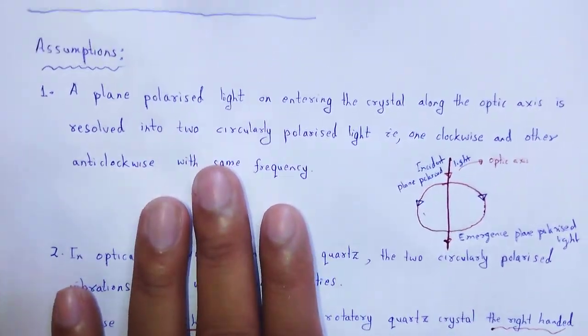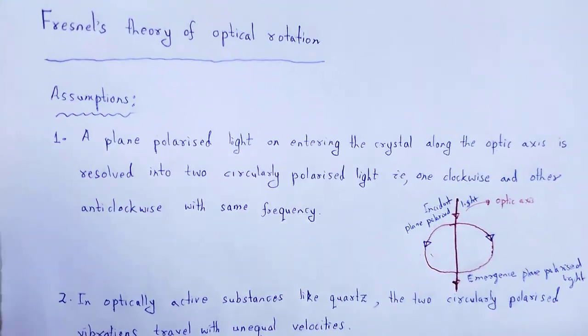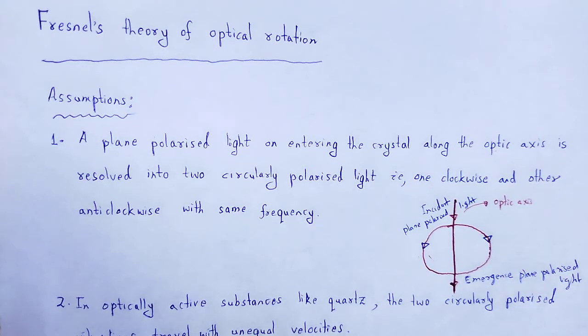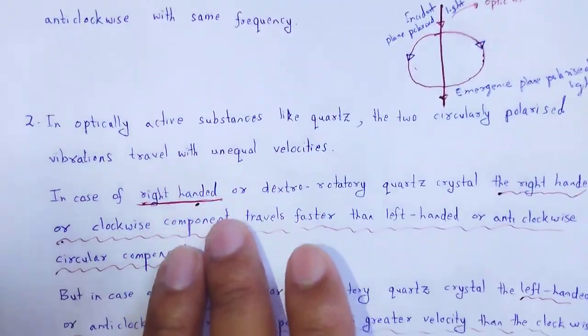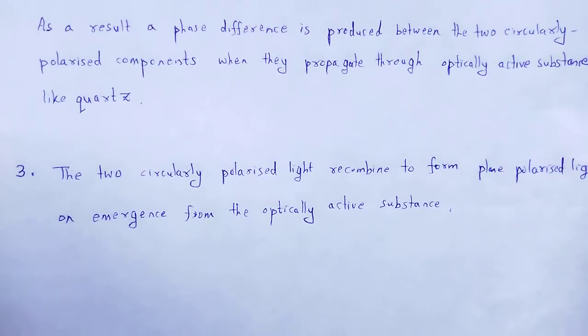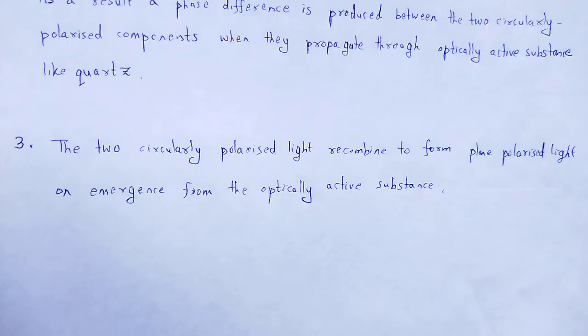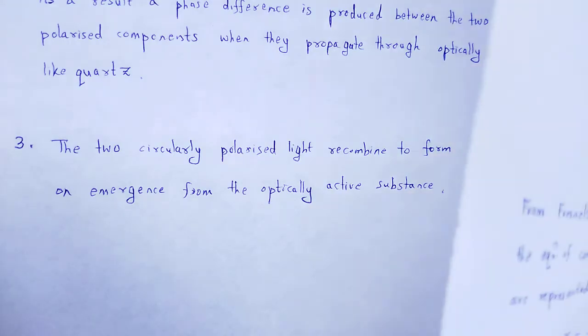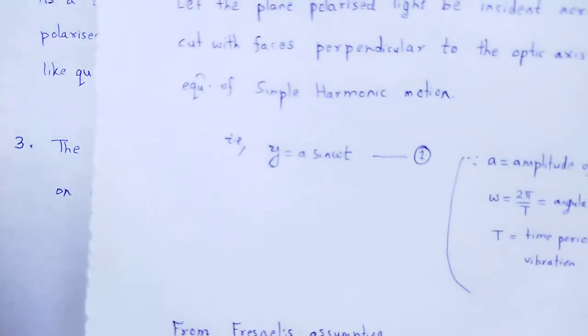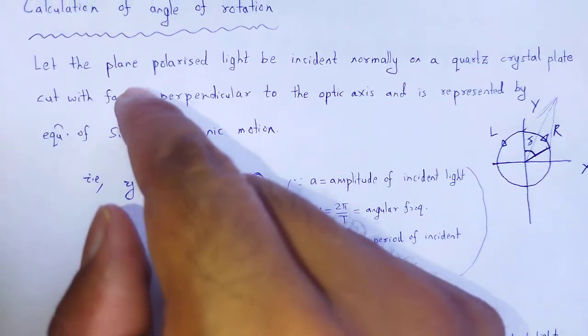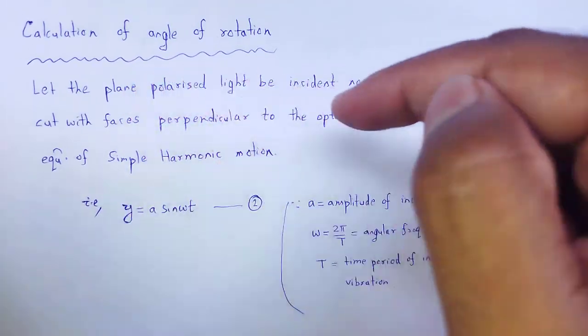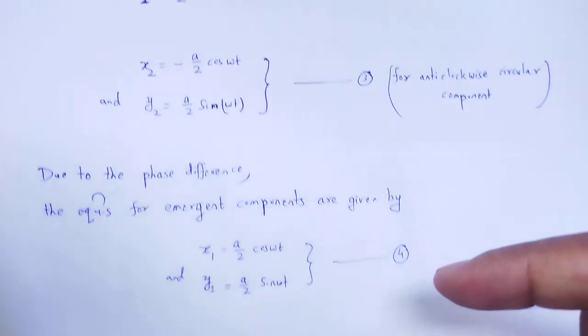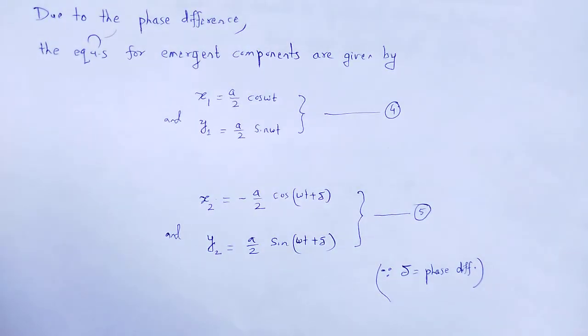So with the help of this video lecture, we understand Fresnel's theory of optical rotation, the assumptions proposed by Fresnel, and by using Fresnel's assumption of optical rotation, we calculate the angle of rotation mathematically.